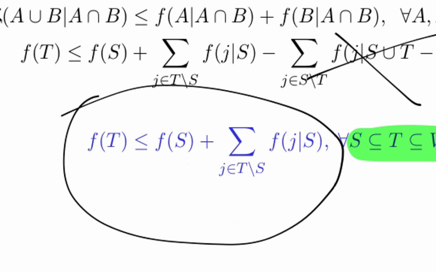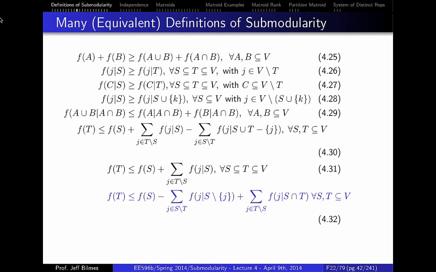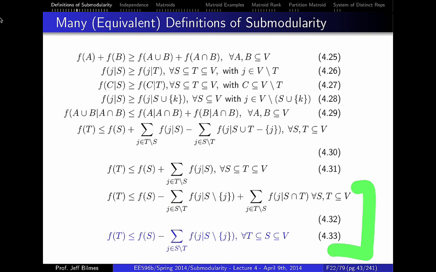That's just f of T is less than or equal to f of S plus the sum over the stuff that's in T but not in S. So we can see that these two equations, 4.30 and 4.31, go together. And there are two other forms of this equation, 4.32 and 4.33, which also go together.